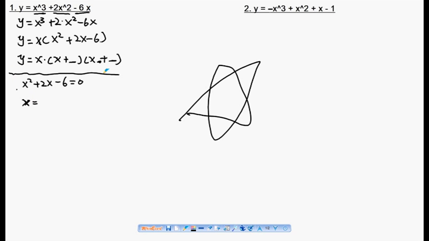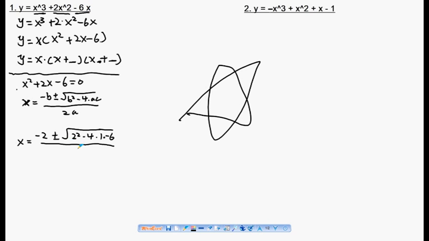x will be minus b plus or minus the square root of b squared minus 4ac, divided by 2a. So x equals minus 2 plus or minus the square root of 2 squared minus 4 times 1 times minus 6, divided by 2.